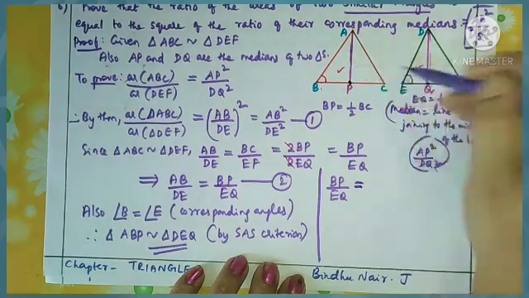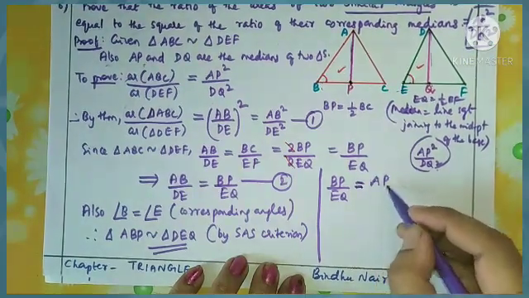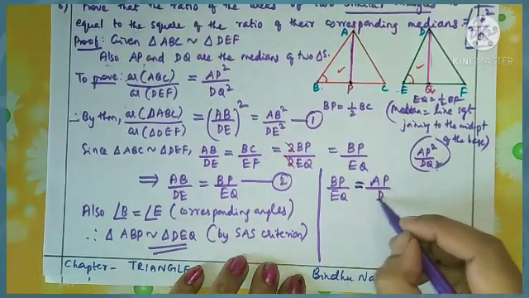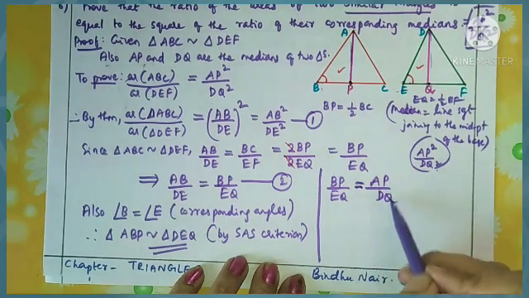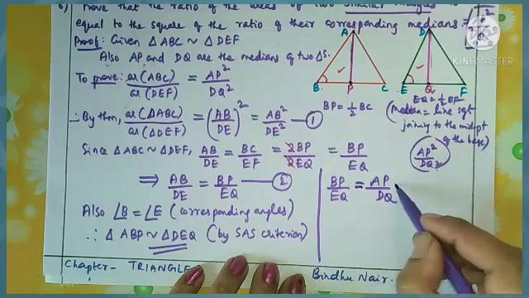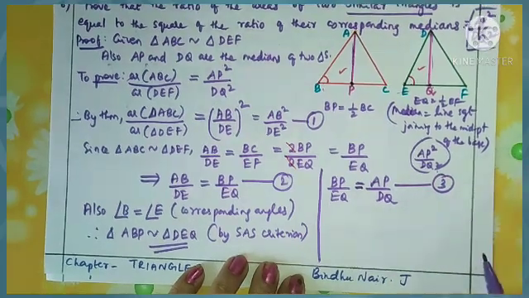Yes, because we proved they are similar. So BP by EQ is equal to AP by DQ. Take this as number 3.